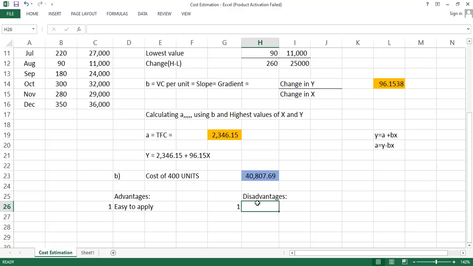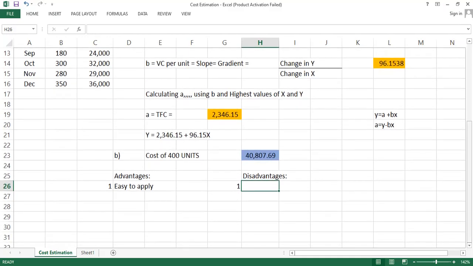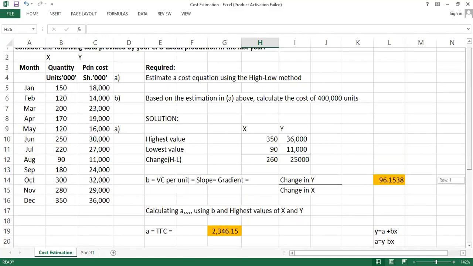It's a very simple method, really, and that is it. Unless somebody has a question, I will proceed to regression analysis.